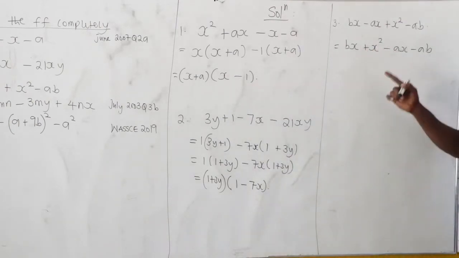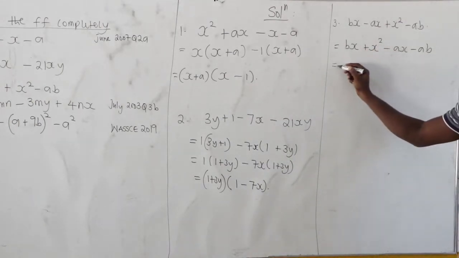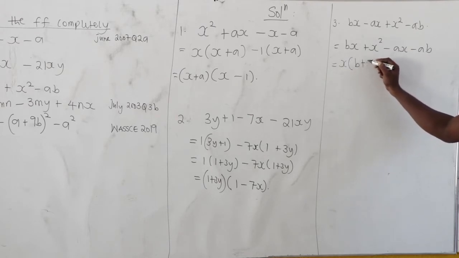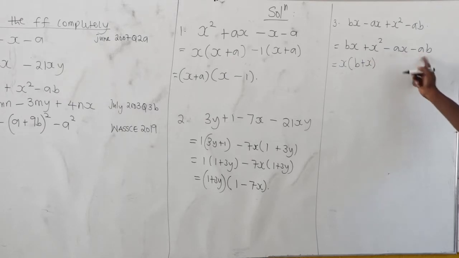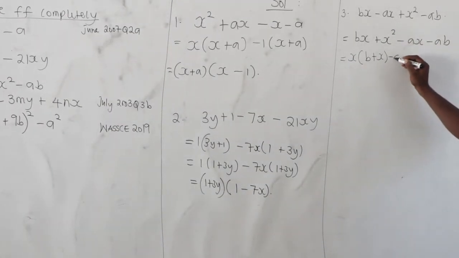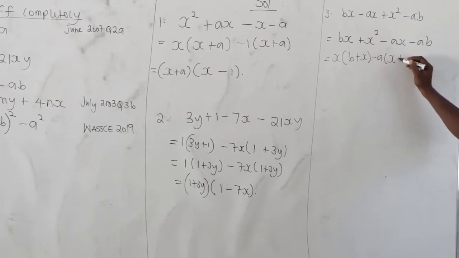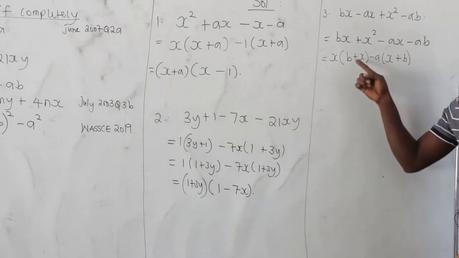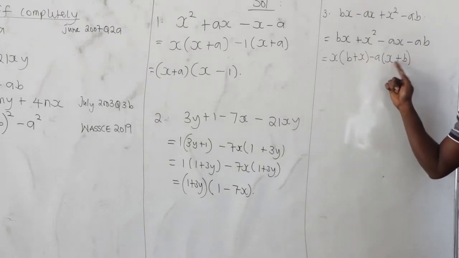Now the first two, what is common? x is common, so we can factorize x out. And what is left? b plus x. Now these two, what is common? Negative a is common, so we can bring negative a out. What do you have? x plus b. Now note that addition is commutative, so b plus x is the same as x plus b.